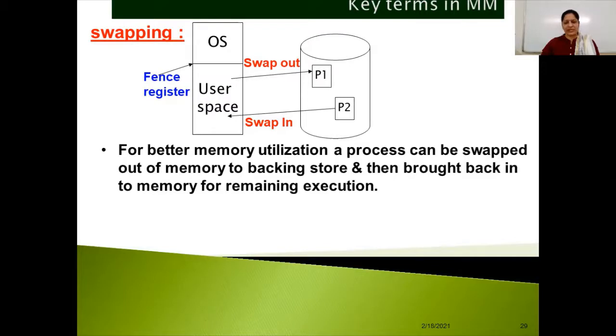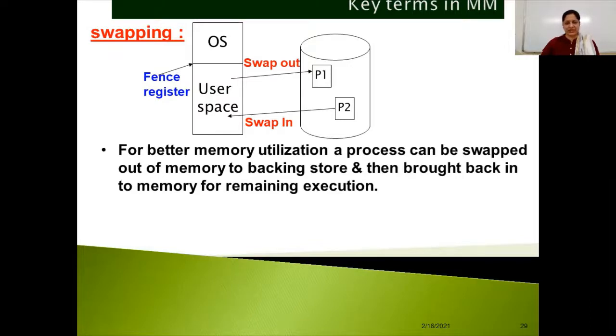For better memory utilization, a process can be swapped out of memory to the backing store. The backing store is nothing but the hard disk, and the process should be brought back into memory for its remaining execution. Why is it mentioned for better memory utilization? Because, as compared to the hard disk, we have a limited size of main memory.